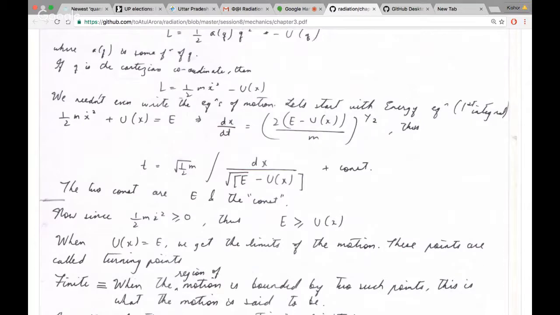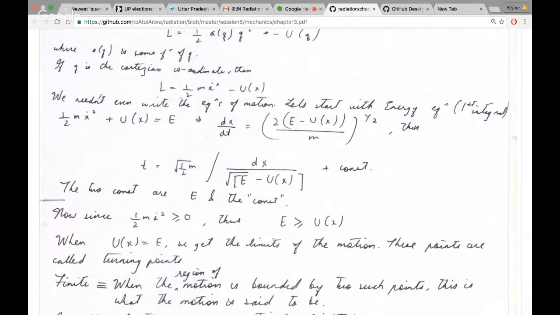Now, since half m x dot squared is greater than or equal to 0, it implies that E should be greater than or equal to U of x. That should be obvious from the fact that it's under the square root, right? It could have negative energy also. Yes, it could have negative energy, but then it is possible that U is greater, no? So E can be less than U also, right?